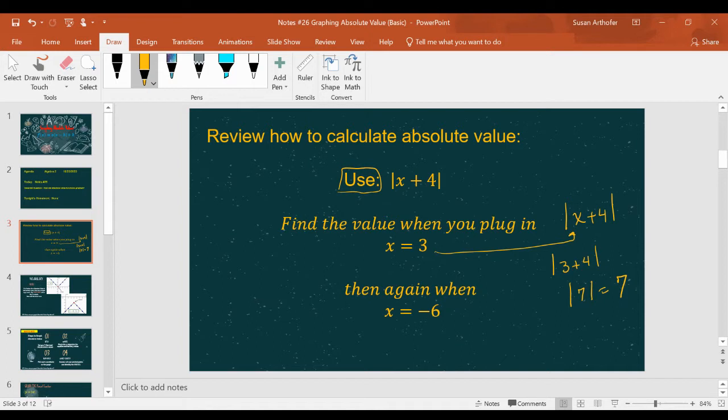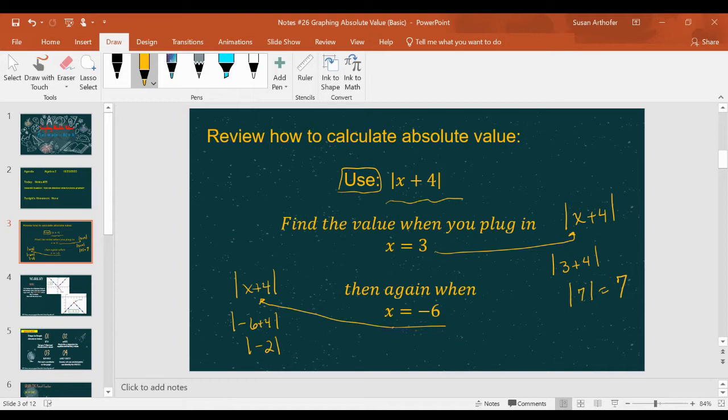So we're going to do it again. And you're just paying attention for a minute. So we're going to use the function that they gave us, and then this time we're going to plug in when the x is worth negative 6. So what's negative 6 plus 4? What's the absolute value of that? So that means negative 6 plus 4 is negative 2. What is the absolute value of negative 2?